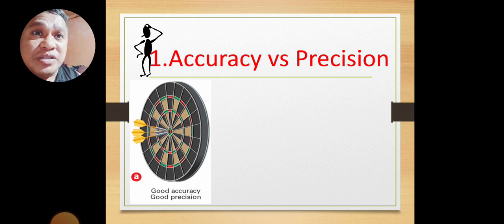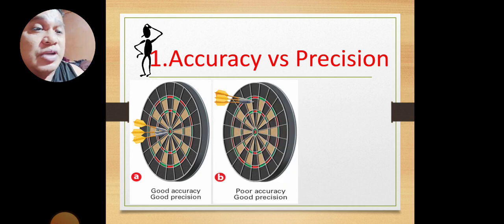When we say precision, there is a series of trials that you have done. Your score is the same every time, and you are very precise. So in this first case, A, you are very accurate because you hit the target or the accepted value, the true value, and you are very precise because you got the same result from the first until the fifth trial.